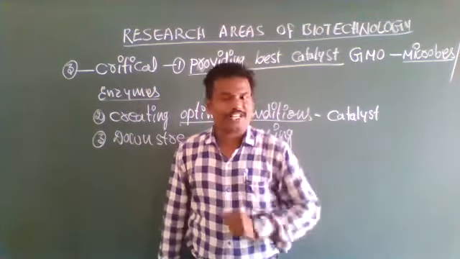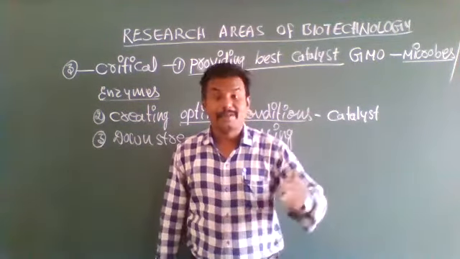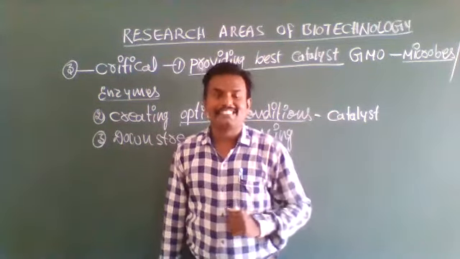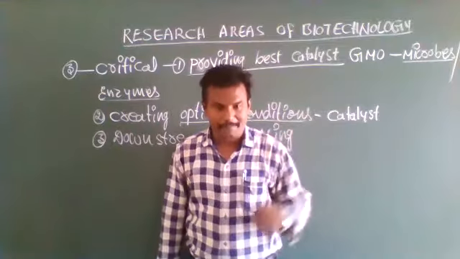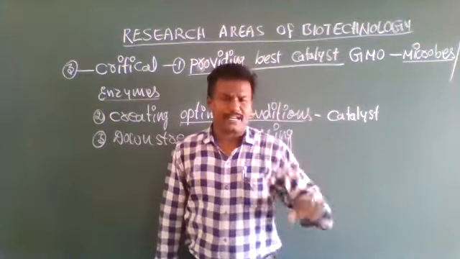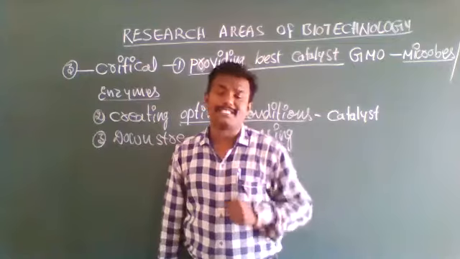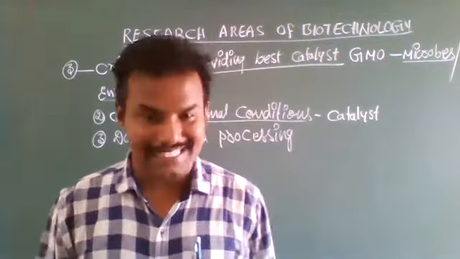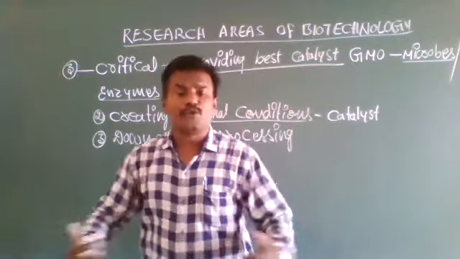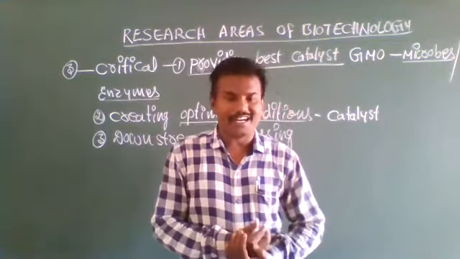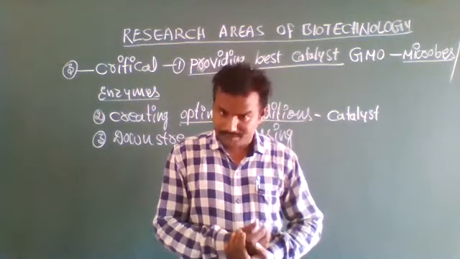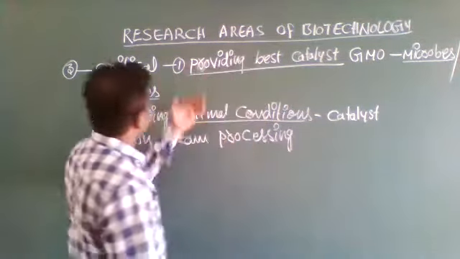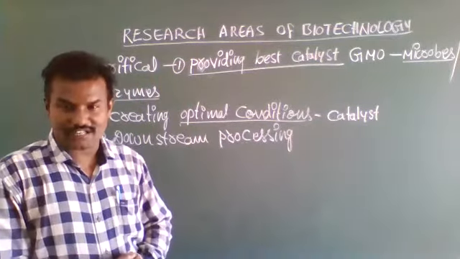Not only protein products, but some organic compounds, enzymes and medicines are biologically synthesized and prepared. The main step is downstream processing technologies, that means separation and purification of proteins and other organic compounds. So these three are the critical research areas of biotechnology.